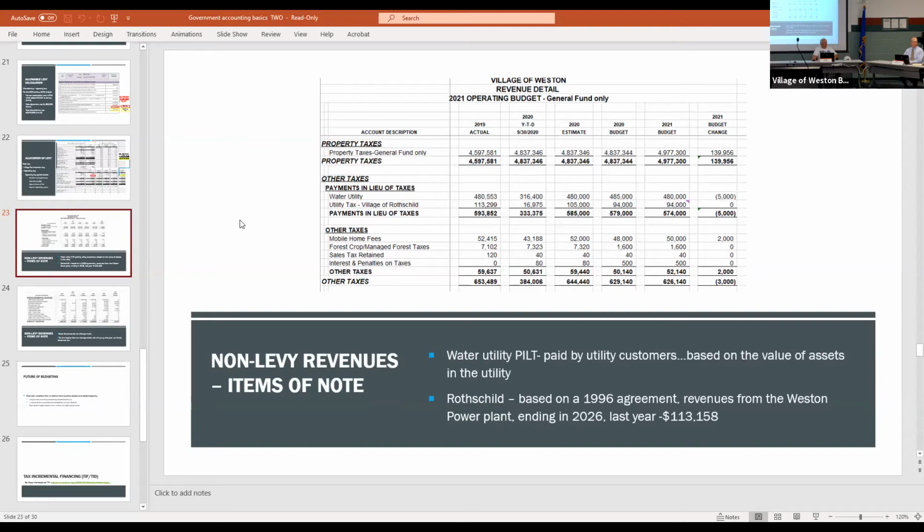Rothschild at that time got twice as much as what we did as a town, because villages get more than towns. So we discovered that Rothschild had a little bit of an illegal approach to how they got some of the people to become part of the village so they could get the power plant.